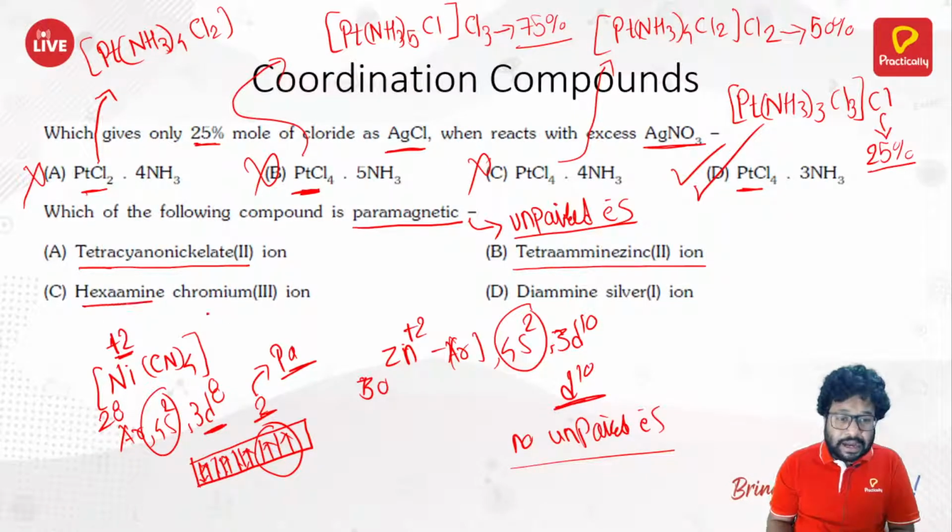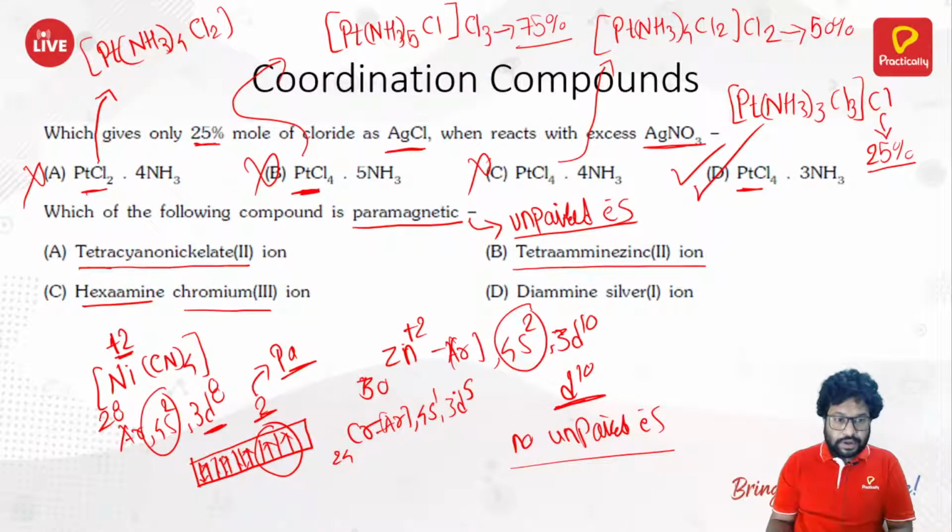Then you have hexaamminechromium 3. So chromium is in a +3 oxidation state. Atomic number of chromium is 24. Argon 4s1 3d5.